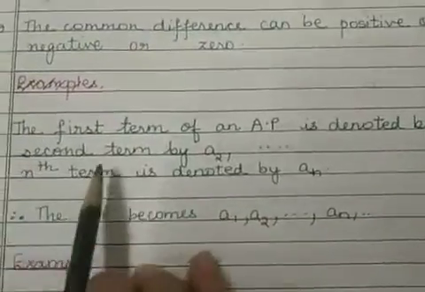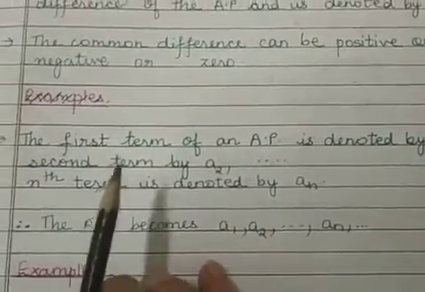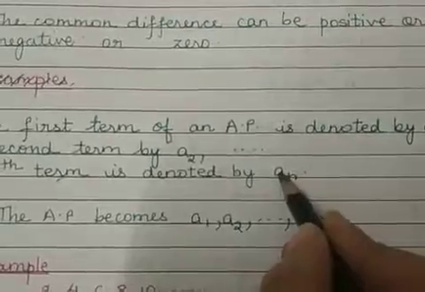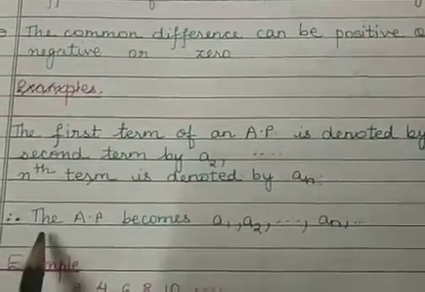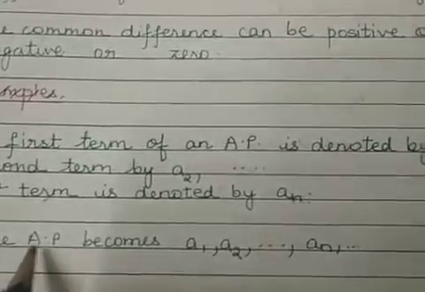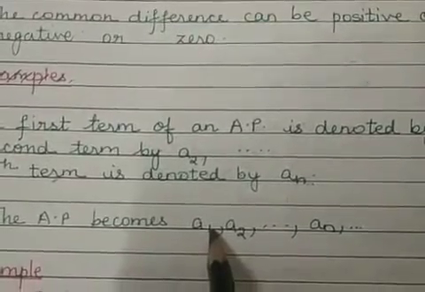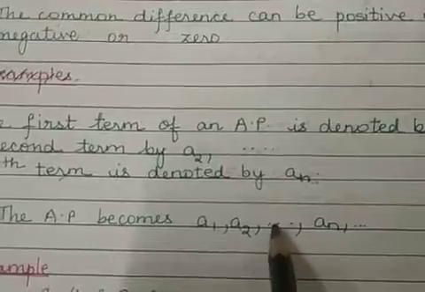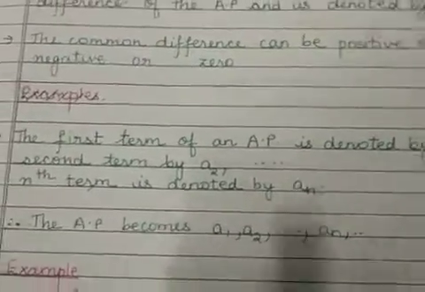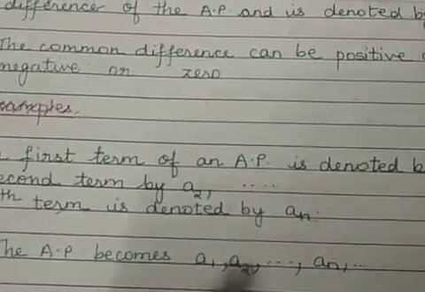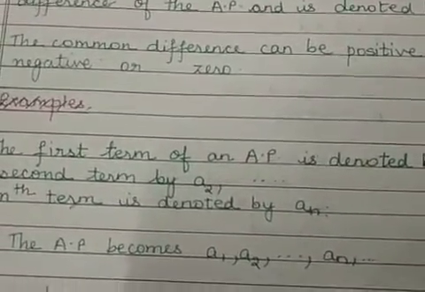The nth term is denoted by a n, where n is a small letter. So your AP will become a1, a2, and the list goes on, a n, and so on. This is how you denote an arithmetic progression.